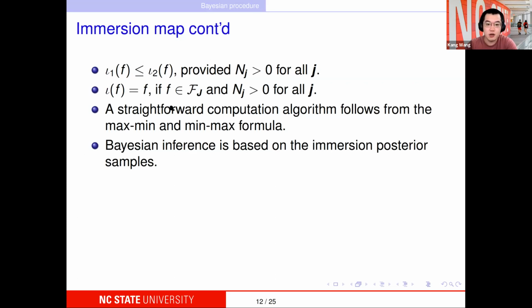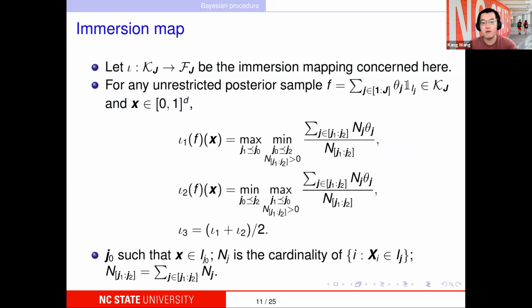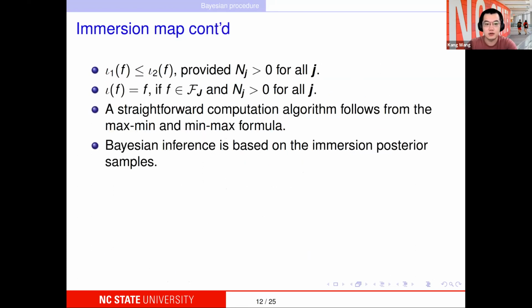A straightforward computation algorithm is, for fixed J1, run over all J2 and compute the average, and then take the minimum, and for each J1 take the maximum. So this is straightforward; you just use the max-min or min-max formula.